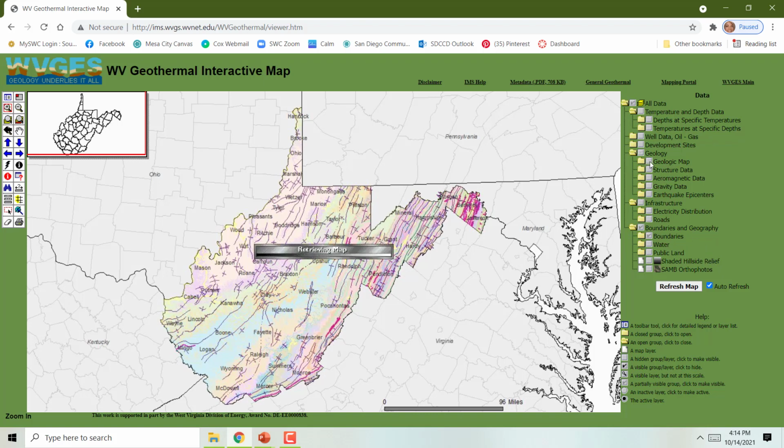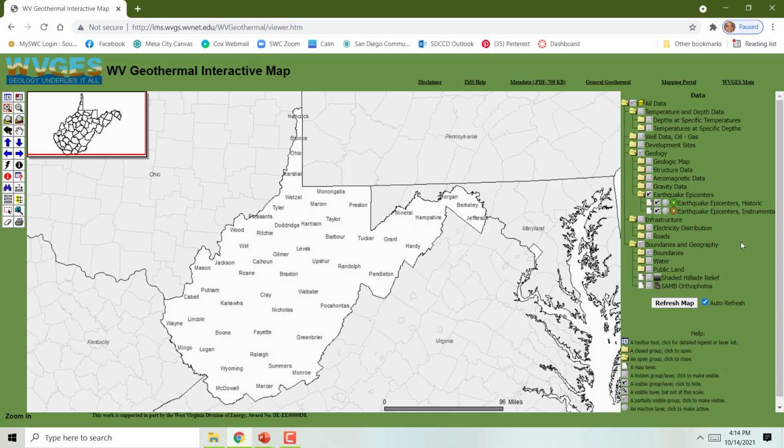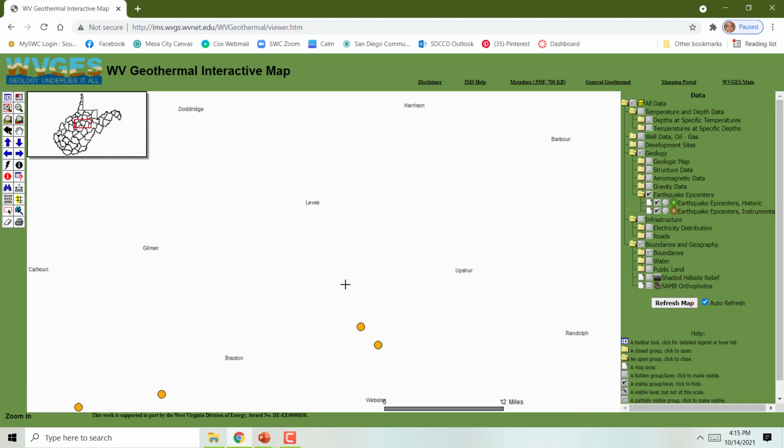And then if I turn that off, one last one, if we wanted to look at earthquake activity, we can open up the data layer, and we see that there are earthquake epicenters and historic earthquakes. If we zoom in, we can then see that some of this data is available to us at a zoomed in level. And that concludes what I wanted to show you for this lecture.